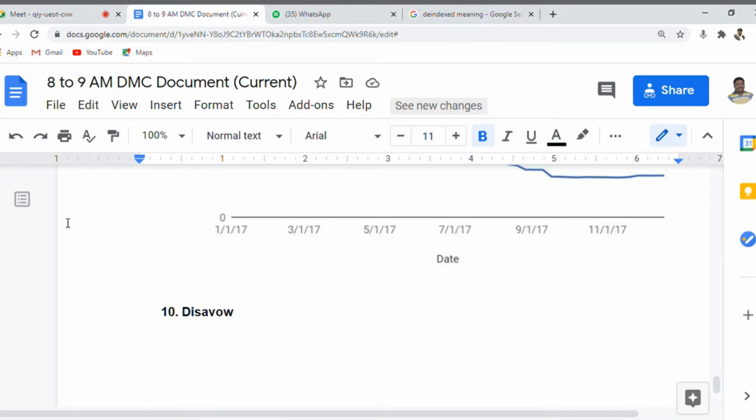But when your website attracts more links, there is a possibility of getting spam, auto-generated links. The links may be generated due to negative SEO. Negative SEO means somebody wants to penalize our website.